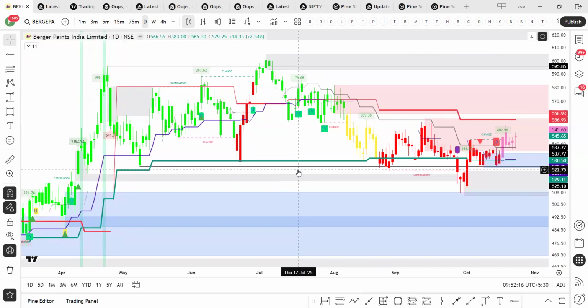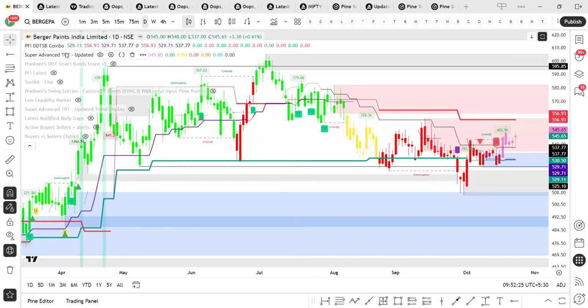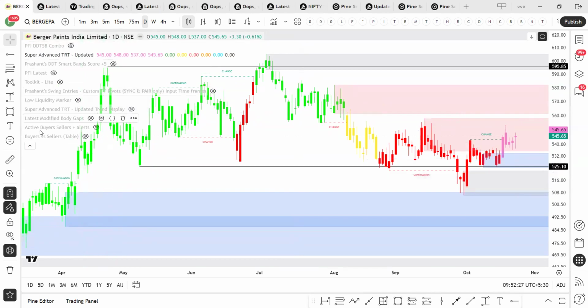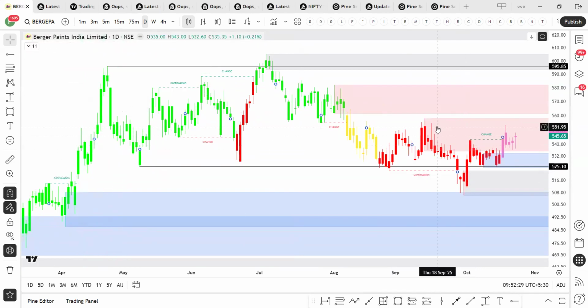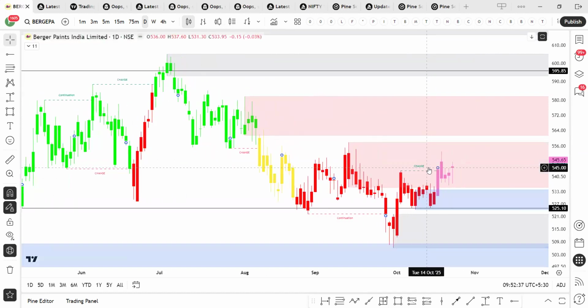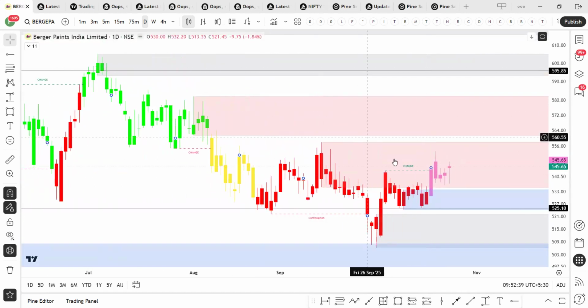If you are checking multi time frame analysis with only one indicator, I will not use other things then. I will use just TRT. If I have a possibility of entry on daily chart, it has turned green and prices are coming down, then I may look for 75-minute or 15-minute chart.